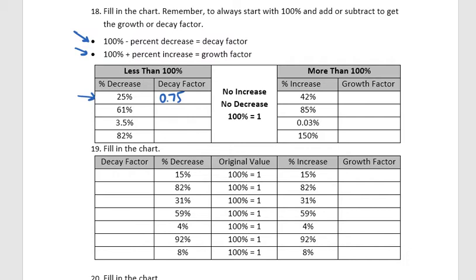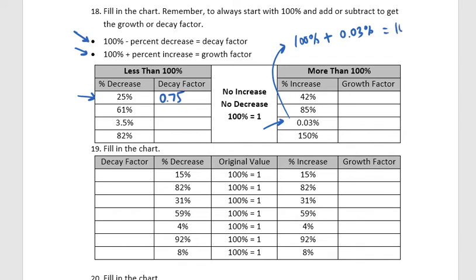All right, let's take a look now at this one right here. This is kind of tricky. If we have an increase of 0.03%, let's think about that. I'm going to start with 100% and add to it the increase, which is a tiny little bit, 0.03%.